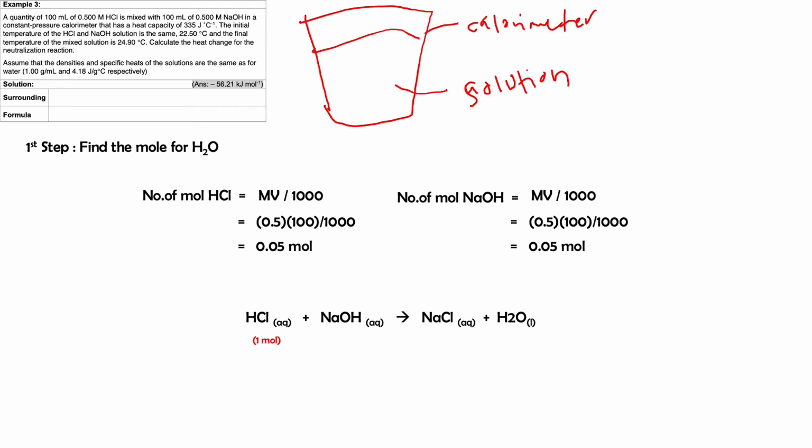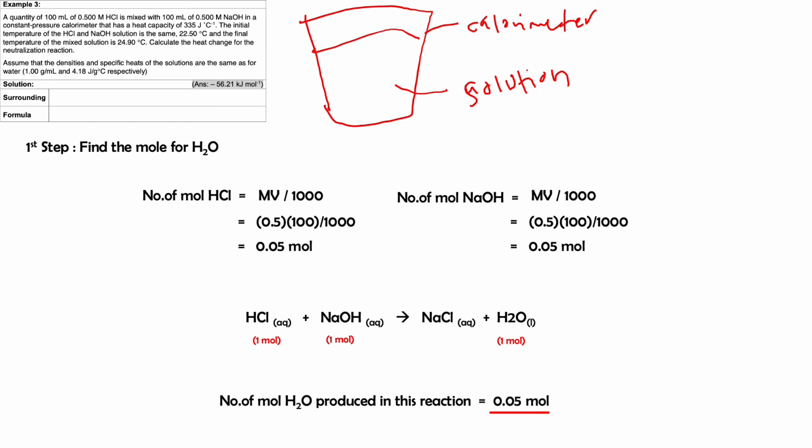So 1 mole of HCl, 1 mole of sodium hydroxide, and your water should be produced as 1 mole. In this case, you are given the same mole for both hydrochloric acid and sodium hydroxide, which means the number of moles of H2O produced in this reaction is also the same, equivalent to 0.05 mole. So we know in this reaction 0.05 moles of H2O is produced.